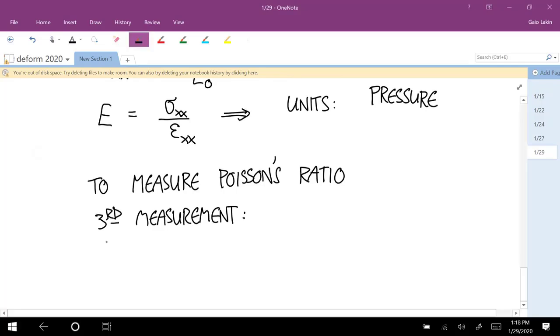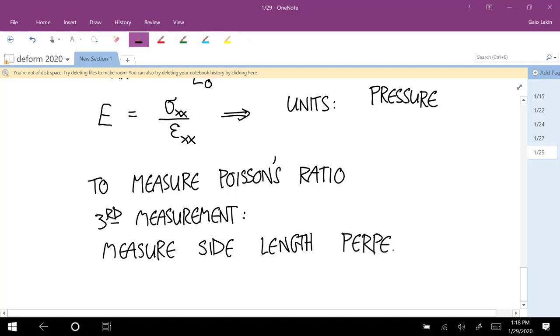So let's say you measure the side length, and it doesn't matter which axis you use. The side length perpendicular to the loading axis.